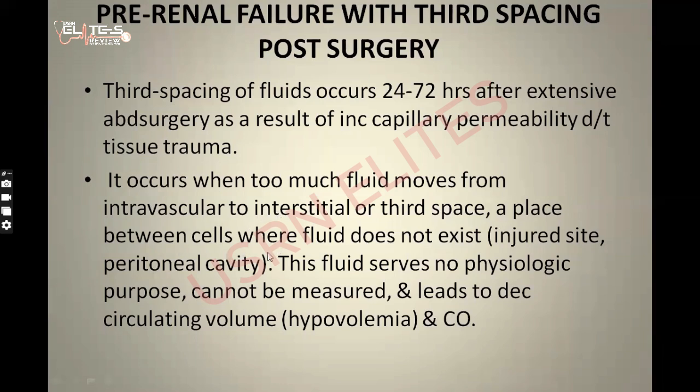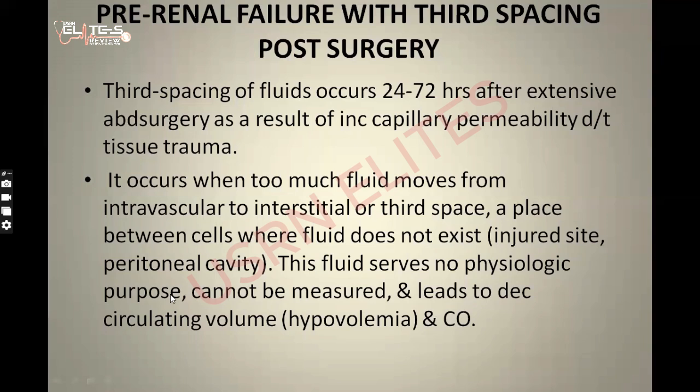That's a space between your cells where fluid does not exist under normal circumstances. So it can be injured sites or the peritoneal cavity. Those are easy areas where some of this fluid can accumulate. And we're saying this fluid serves no physiological purpose.